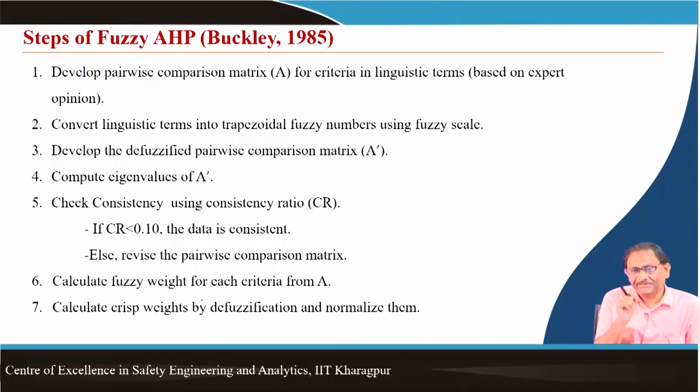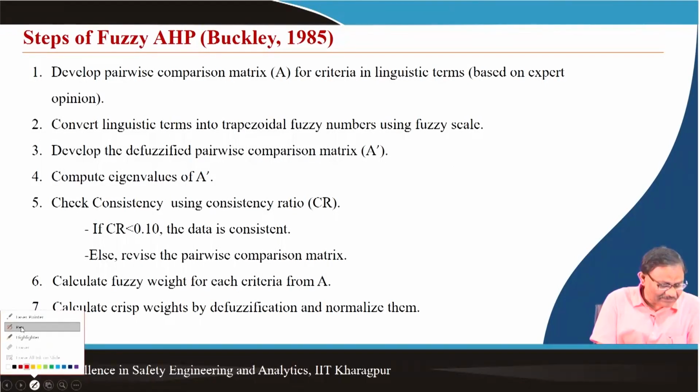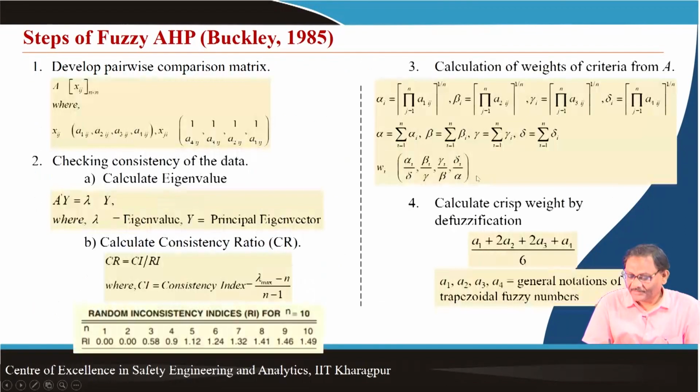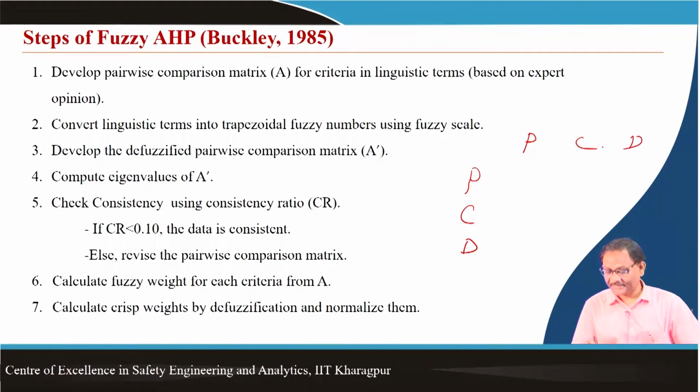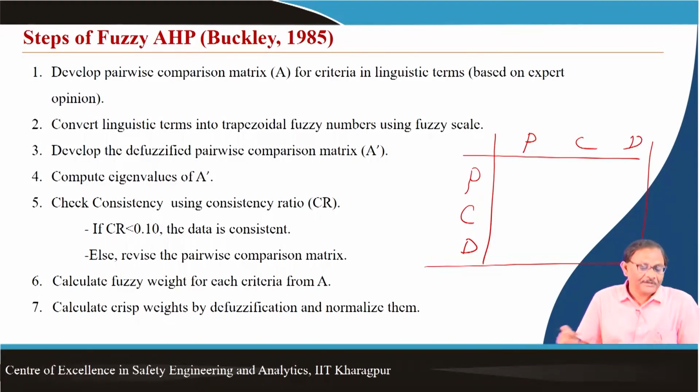So we have three criteria: P, C and D. These three criteria we have chosen. Now, what we actually want to do is create a comparison matrix. So, develop a pairwise comparison matrix.